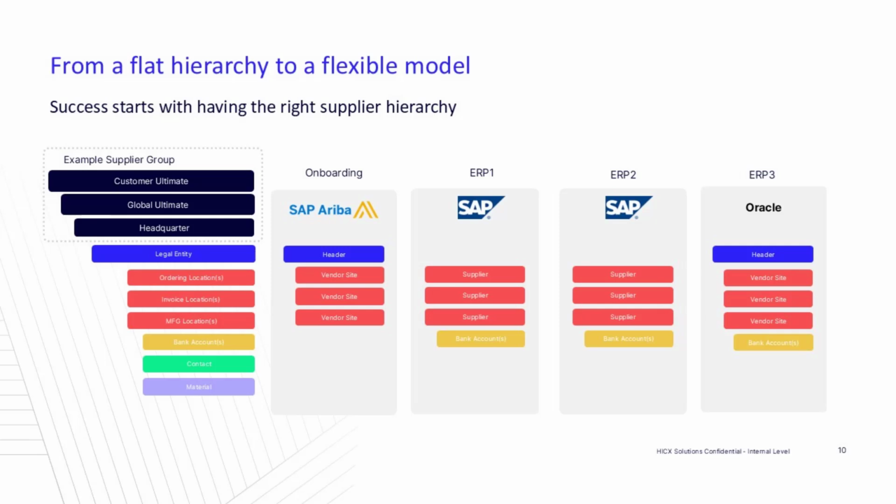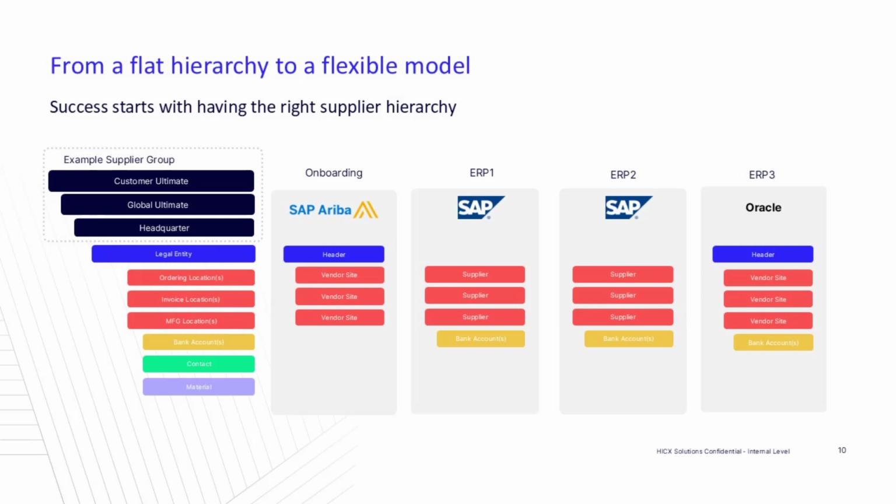In order to serve these stakeholders, so much of it boils down to creating the right hierarchy. Success, or the lack thereof, in the project, in terms of integration or having efficient processes, is driven by the correct hierarchy. To be successful, you need a hierarchy that can feed all different systems.